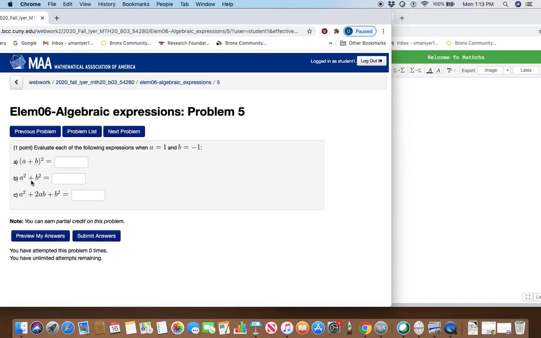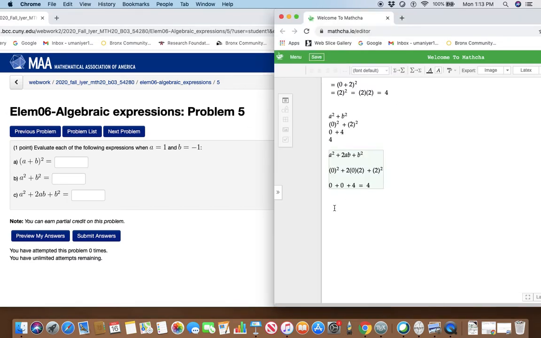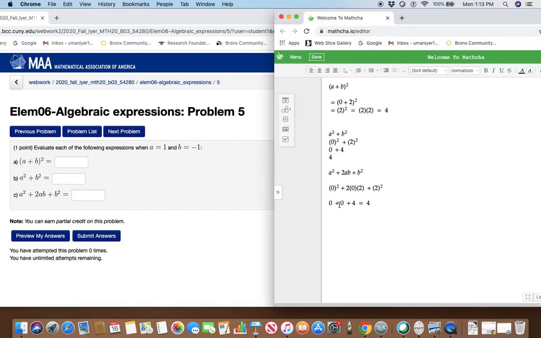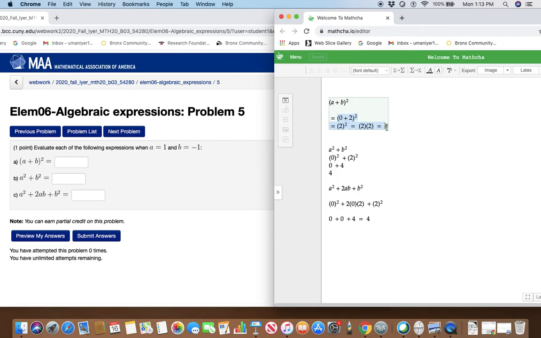Next, similar question. A is 1, B is negative 1. Okay, so A plus B quantity squared. So, it is the same expression, guys.